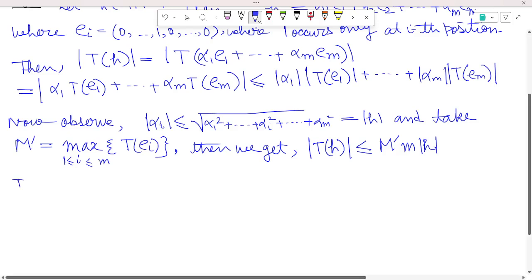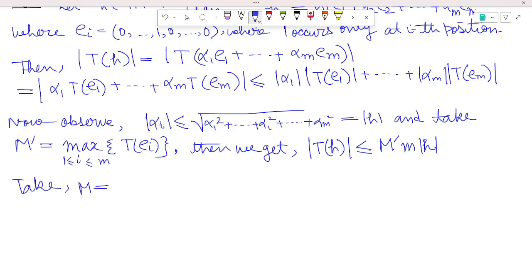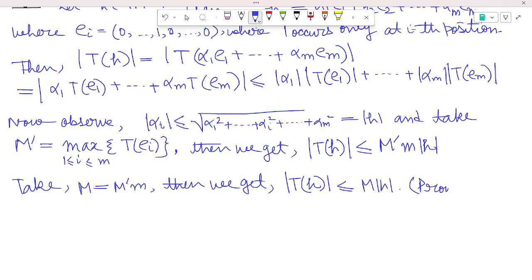Now take M equal to n M dash everywhere. Then you get the result. So our lemma is proved. We will use it to prove the chain rule.